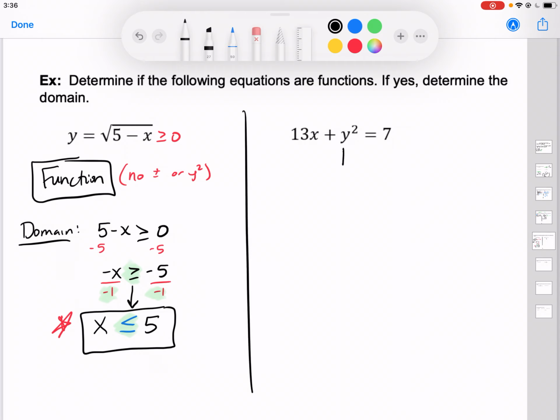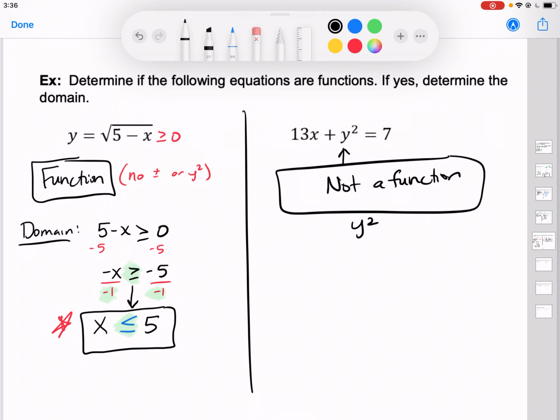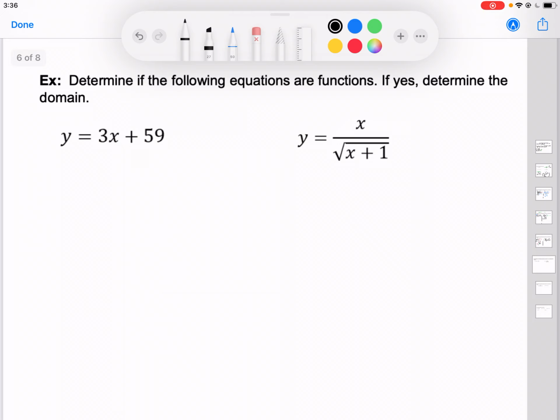Okay, this next one is not a function, and once again that's because of the y squared. All right, let's do a few more. For this first one on this page, it is a function.